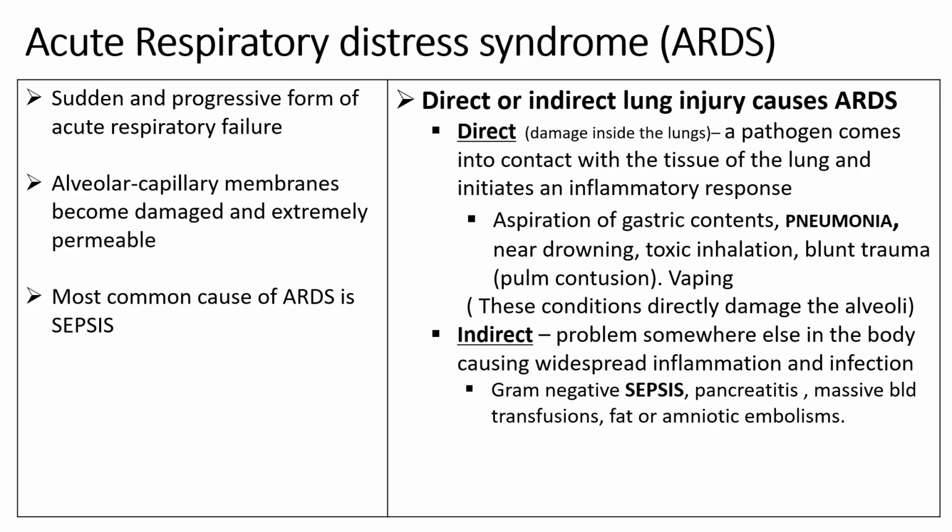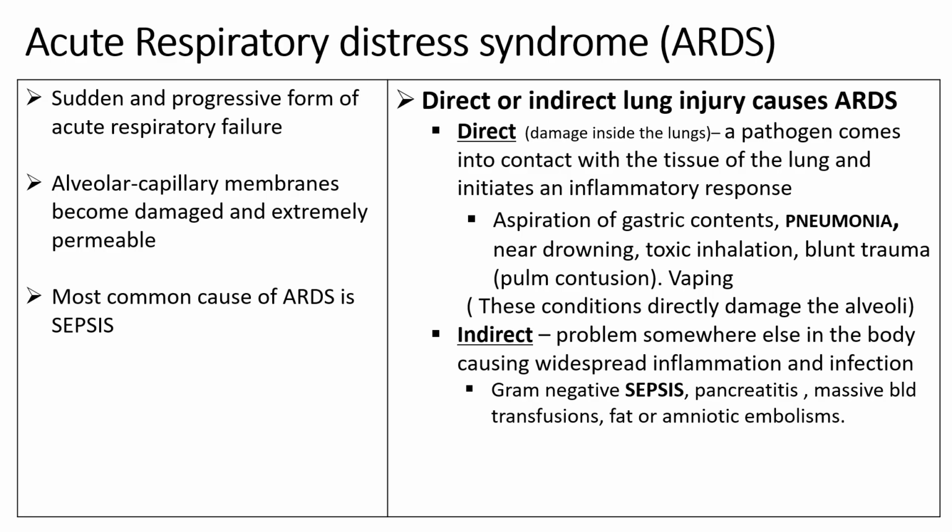Indirect injury is when the lungs are not the primary site of the problem, but they become affected because of massive systemic inflammation. Common causes include gram-negative sepsis, which is the number one cause of ARDS, and pancreatitis, where the enzymes and inflammatory mediators spill into the bloodstream.